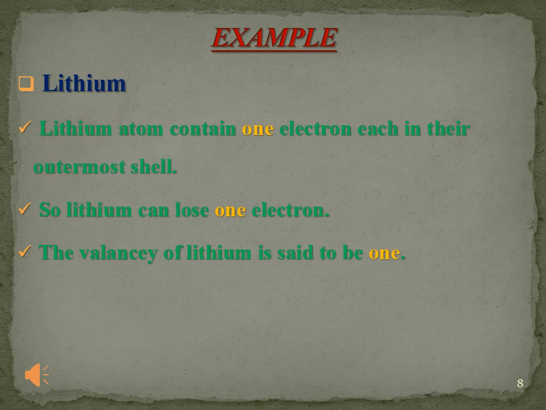So students, let us consider this concept by an example. Now we'll consider the atom lithium. We know that the lithium atom contains 1 electron in the outermost shell. So lithium can lose one electron and the valency of lithium is said to be 1.